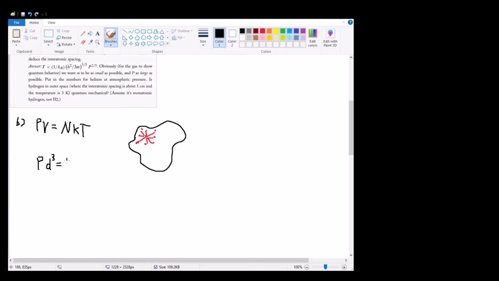So P d cubed is equal to kT, and if we isolate d, we get that d is equal to the cube root of kT over P.